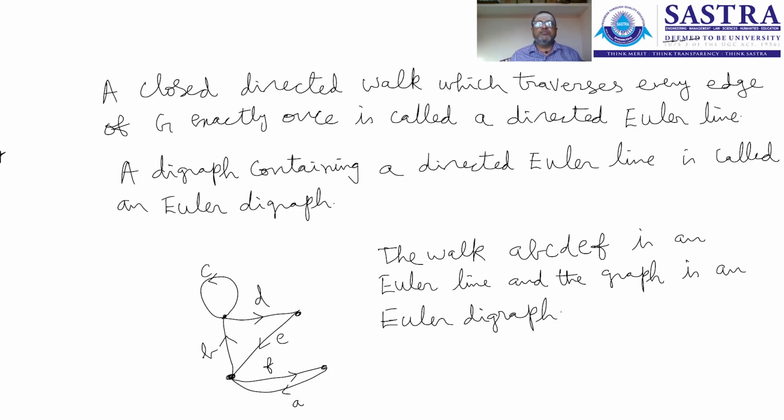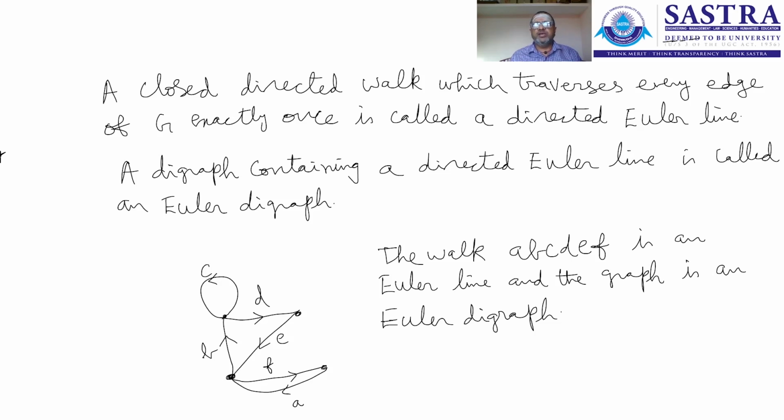And the definition of the Eulerian digraph comes here. If you have a digraph which contains a directed Euler line, then such a graph is called an Euler digraph. A digraph containing a directed Euler line is called an Euler digraph.